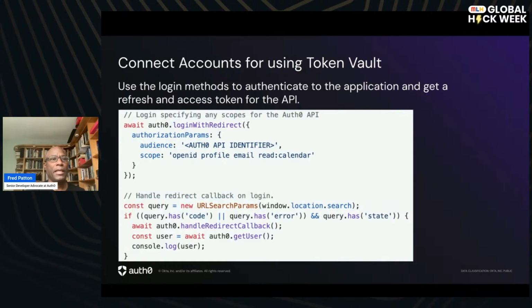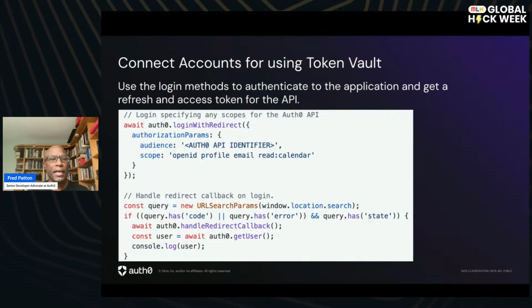And so when you're logging in, this is how we would do it. We can basically call loginWithRedirect, specify our audience, specify the scopes. Remember, it's not going to have all the credentials, so it's got to specify which scopes, and if the user hasn't authorized them, they will get the out-of-band push notification on their phone, so that they see what capabilities are being asked of them regarding permissions, so they can affirm or deny.